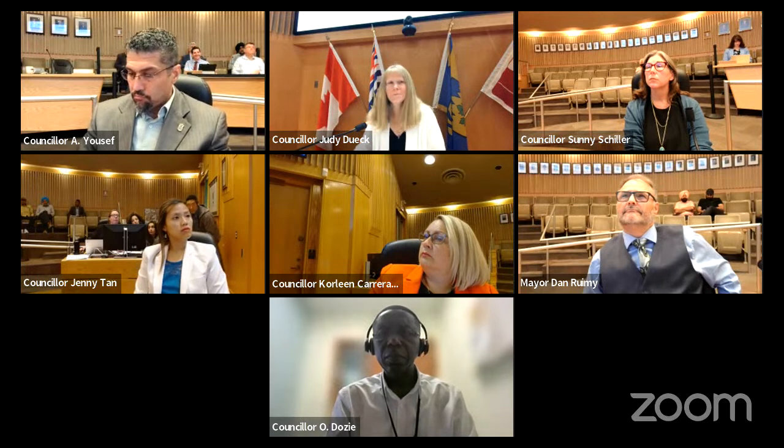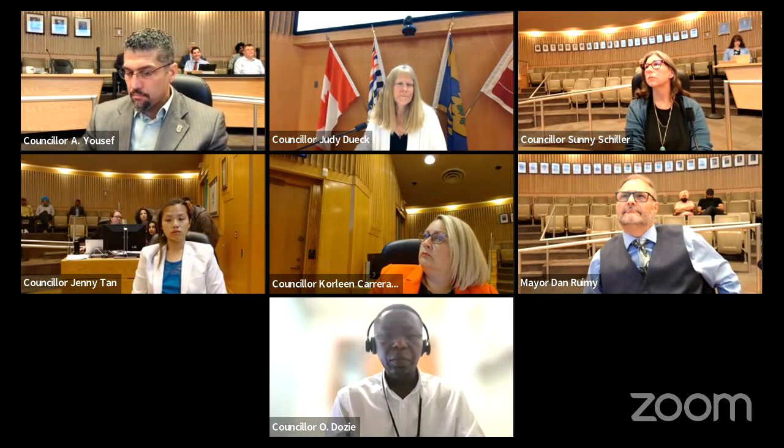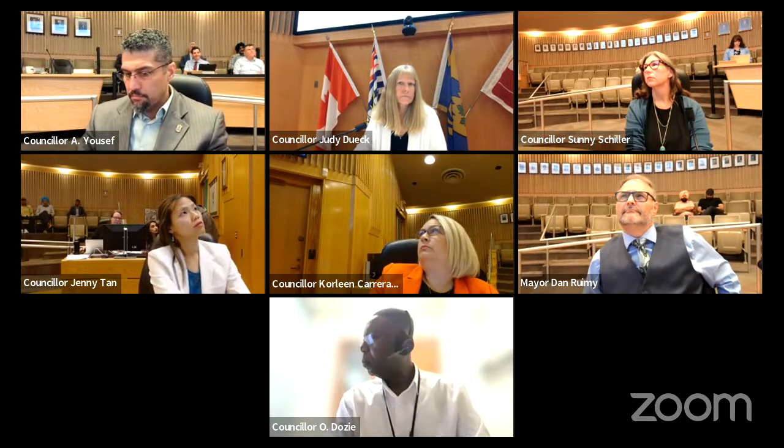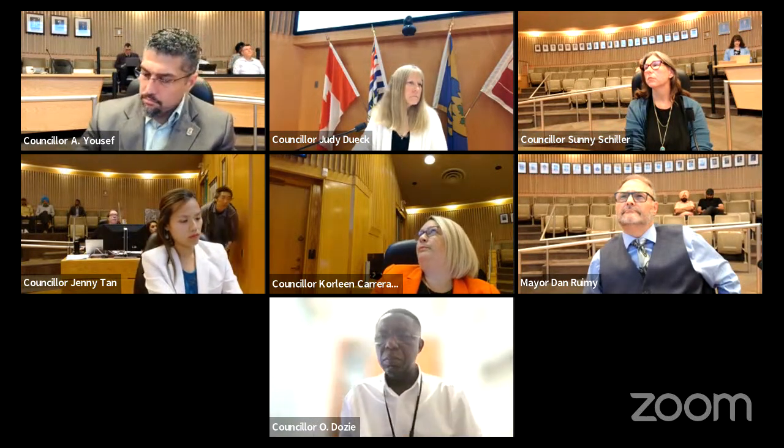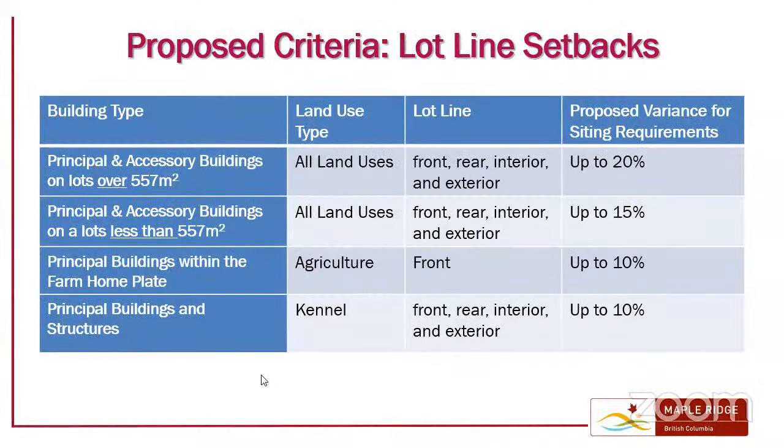Getting into the criteria of what we might consider a minor DVP. For the lot line setbacks, which is one of the 3 areas that we're considering within this bylaw, we've grouped it into principal and accessory buildings and based it on the lot size itself.